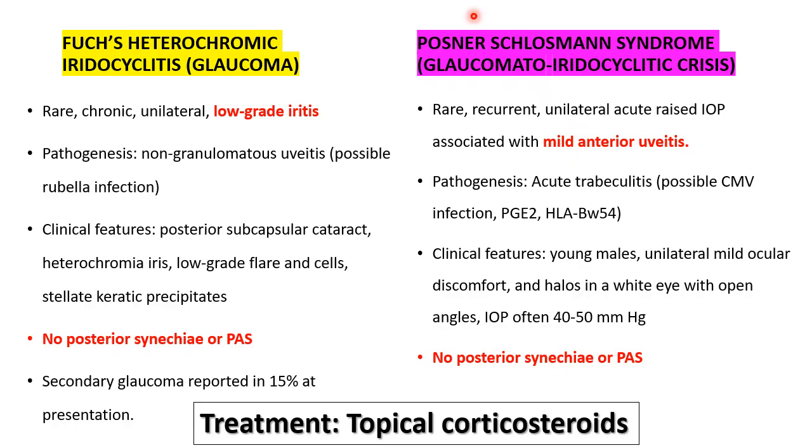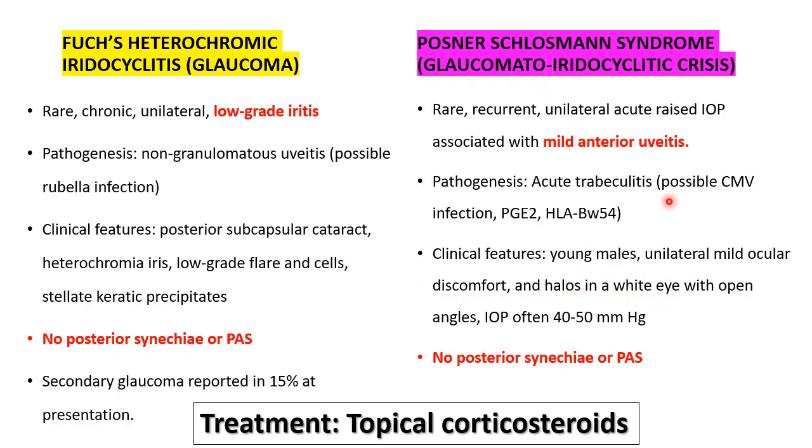The next entity is Posner-Schlossman syndrome, again a rare, recurrent type of anterior uveitis associated with unilateral acute raised IOP. Pathogenesis is acute trabeculitis. Possible etiologies: CMV, prostaglandin E2, and a particular HLA haplotype. Clinical features: young male, unilateral mild ocular discomfort and halos in a white eye.